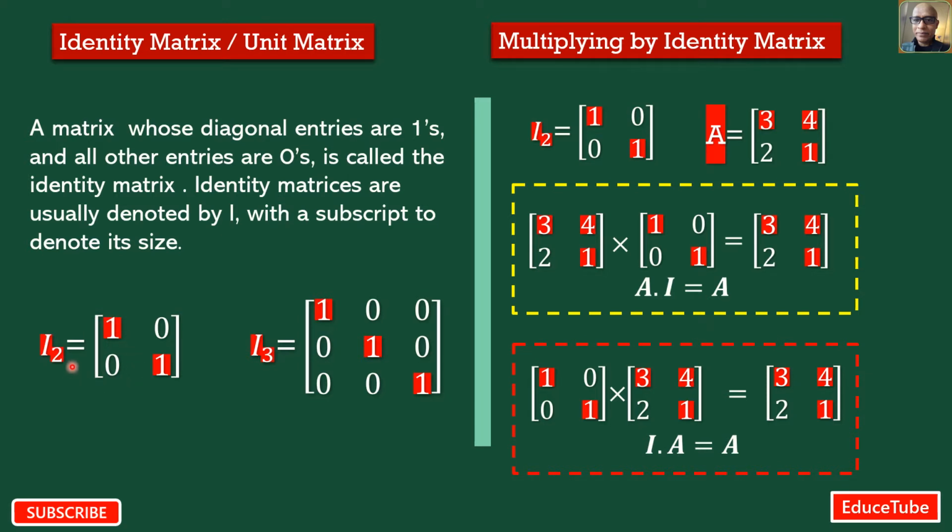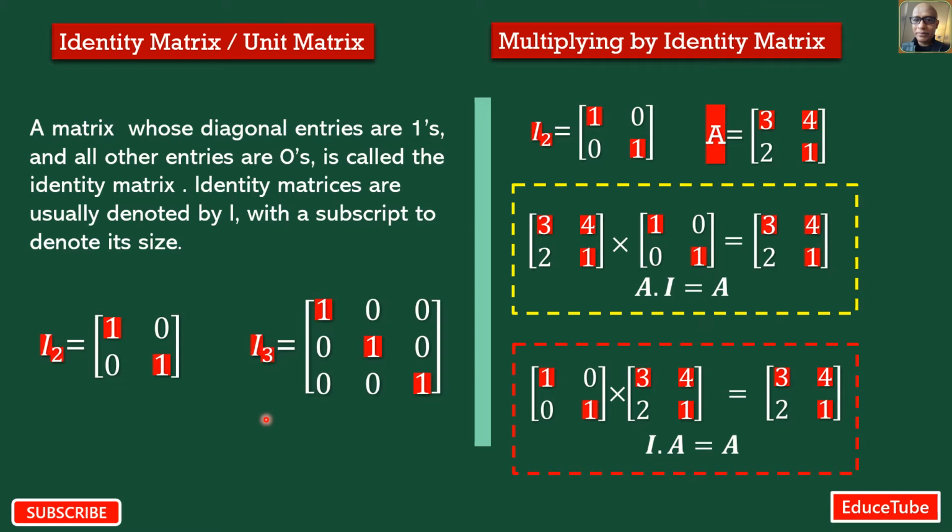As well, this I2, it is the identity matrix denoted by I, but the subscript denotes the size. As it is a 2 by 2 matrix, here it is 2. This one is a 3 by 3 matrix, so it is 3 here. If it is a 4 by 4 matrix, it will be I4.